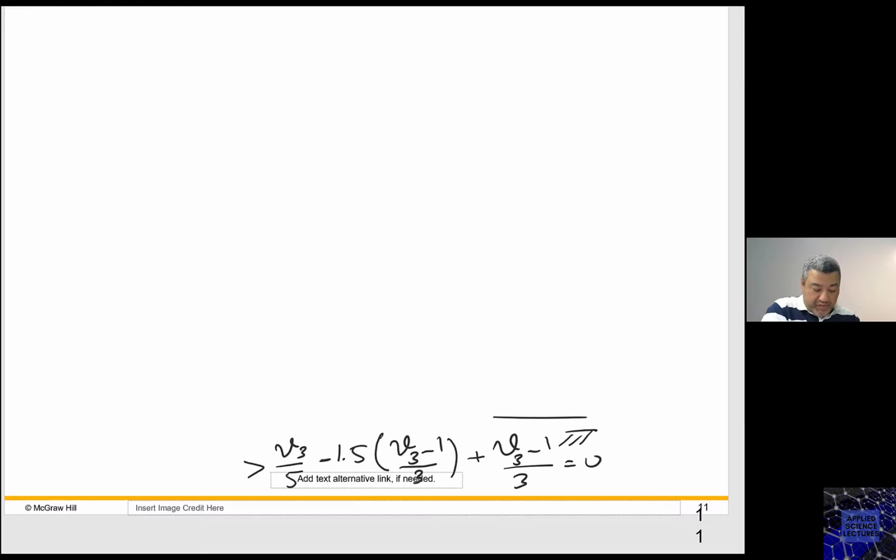So I have V3. If I multiply this equation by 15, what do I get? I get 3 V3, right?